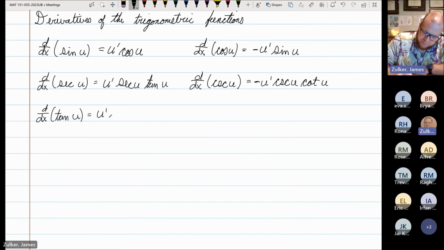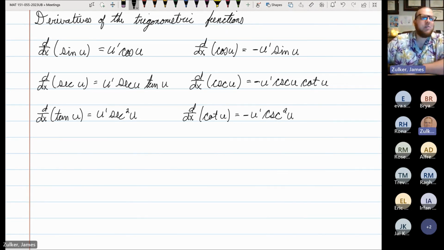Derivative of tangent is u prime times secant squared. And then derivative of cotangent, negative u prime cosecant squared.